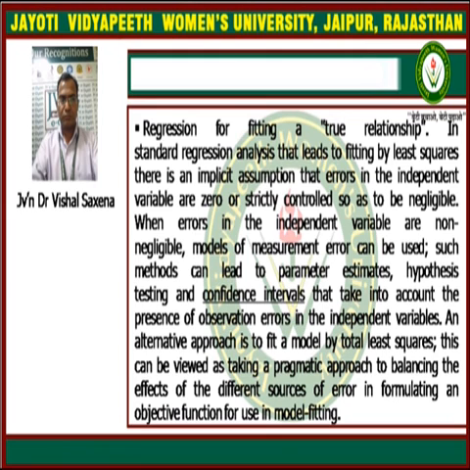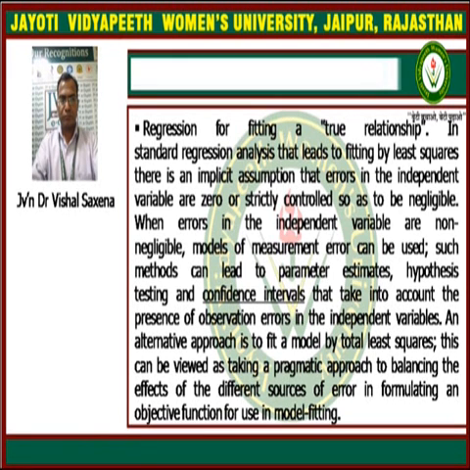When errors in the independent variable are non-negligible, meaning the errors cannot be neglected, then models of measurement error can be used. Such methods can lead to parameter estimates, hypothesis testing, and confidence intervals that take into account the presence of observation errors in the independent variables.